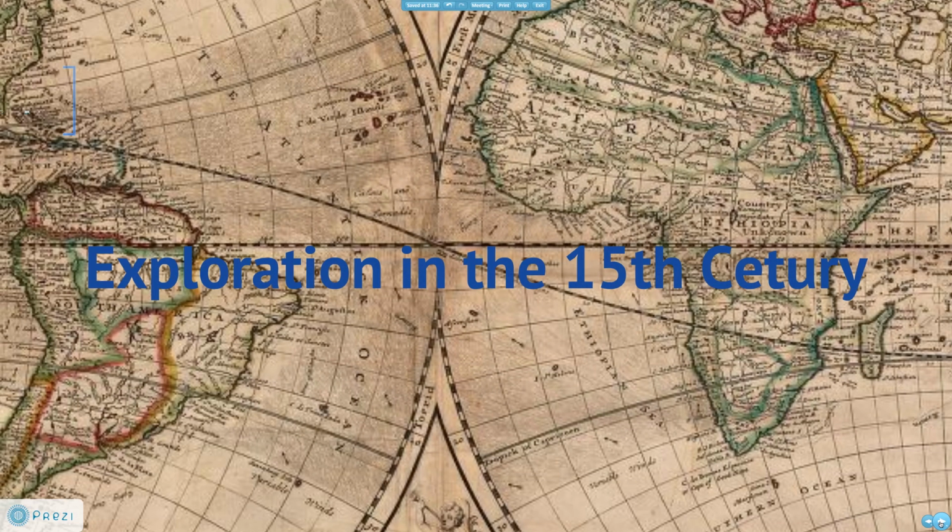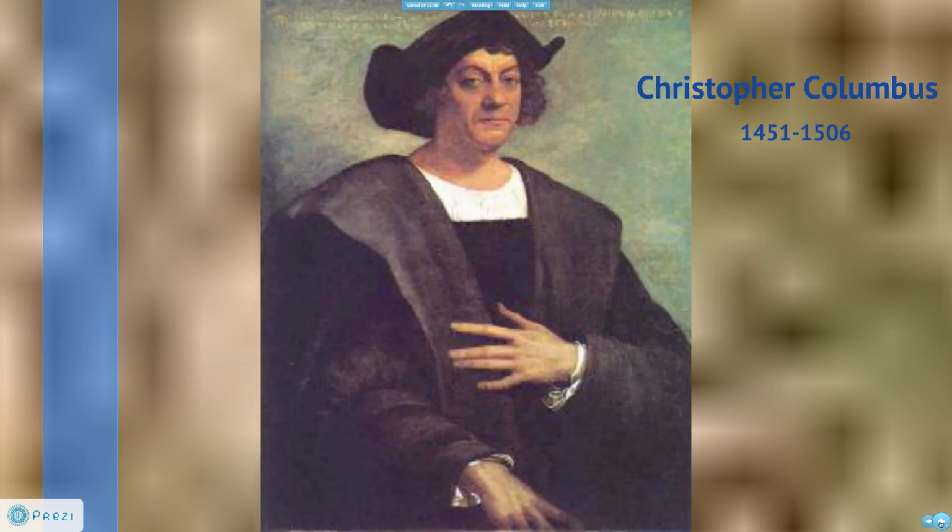So we get towards the latter part of the 15th century, and a gentleman by the name of Christopher Columbus steps into the forefront. Now, Christopher Columbus was very well known. He had been sailing since he was a teenager, and he studied astronomy.